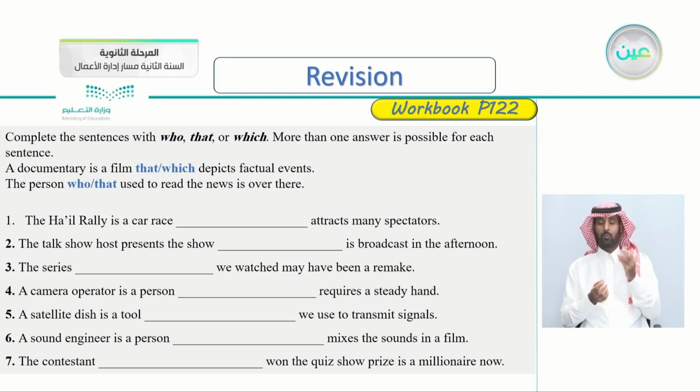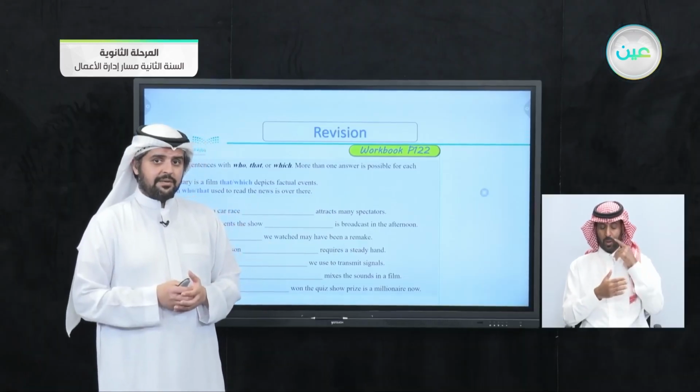The person who or that used to read the news is over there. So you can see that comes with either a person or an object. Let's begin. The Hayal Rally is a car race that attracts many spectators. We're talking about a thing here, Hayal Rally.